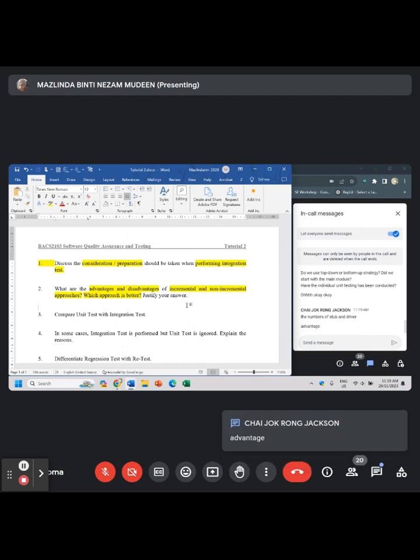Yes, just now I have said, right? Based on the strategy we want to use, either top down or bottom up, we can decide whether we need driver or stop. That "or" is really playing an important role here. We just need one.